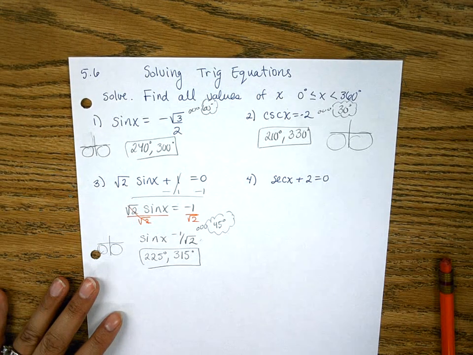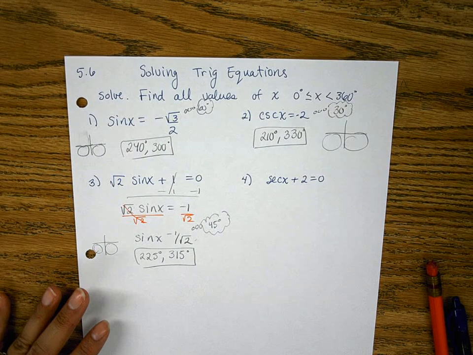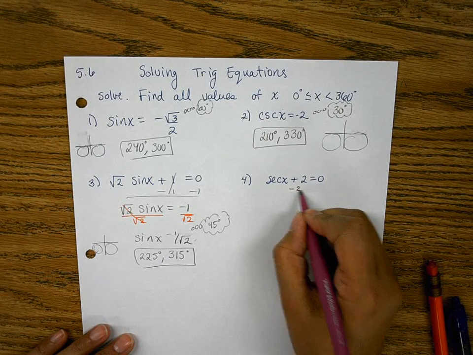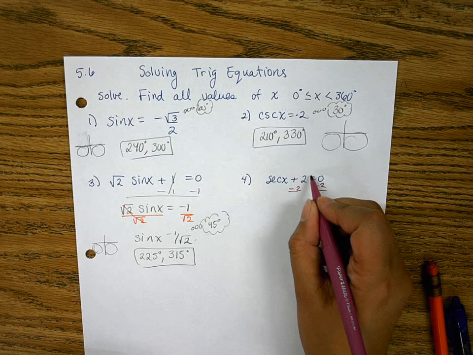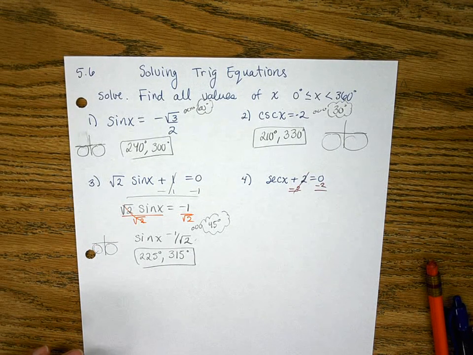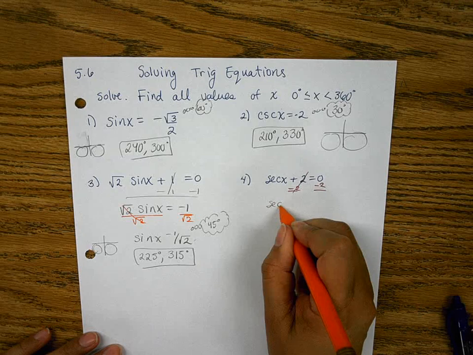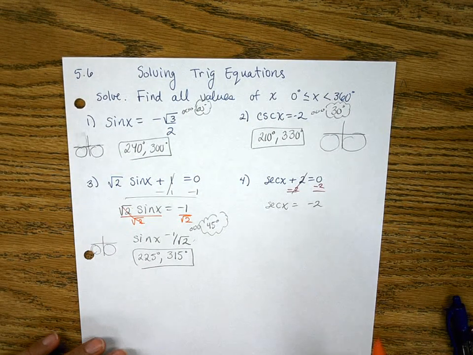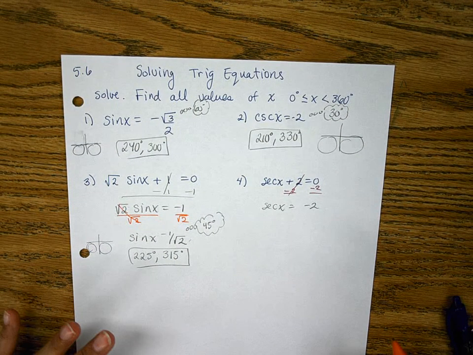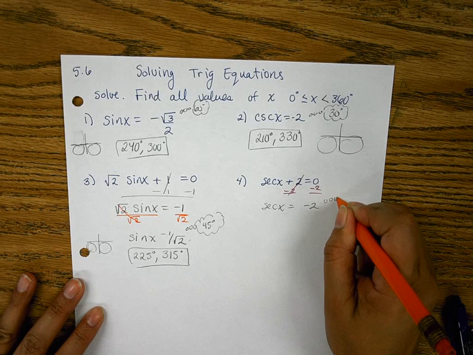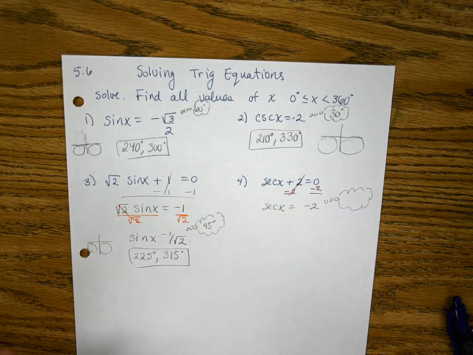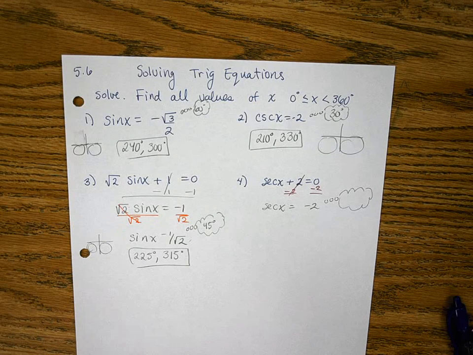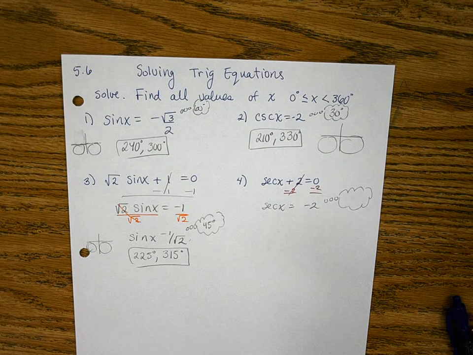Secant x plus 2 equals 0. Subtract 2 from both sides, leaving me with secant x equaling -2. Secant's the reciprocal of cosine, so in your head you're processing, cosine of what angle is 1/2, ignoring the negative?